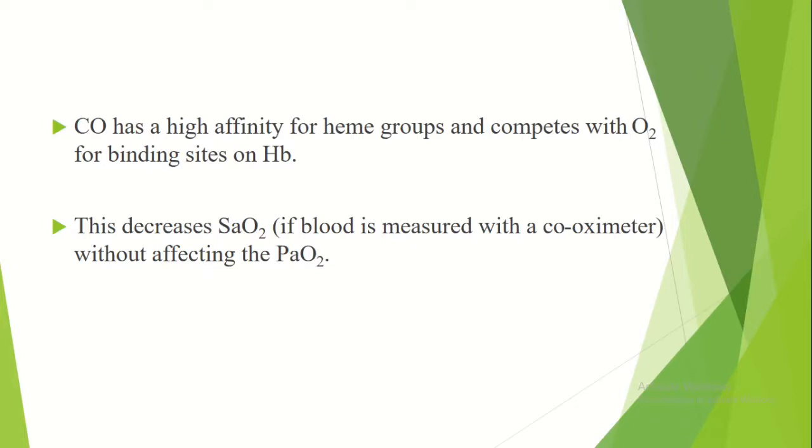So if hemoglobin is exposed to carbon monoxide, it's going to bind avidly to this carbon monoxide, and oxygen will not be able to bind. And as a consequence, this is going to decrease the oxygen saturation without affecting the partial pressure of oxygen in the arterioles. And this decrease in oxygen saturation can be detected if blood is measured with a carbon monoxide oximeter.